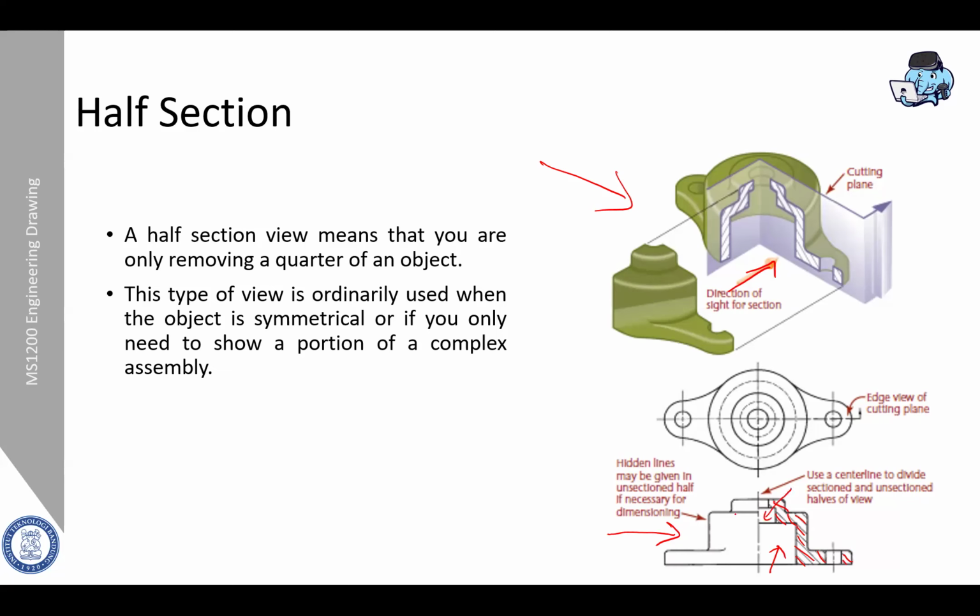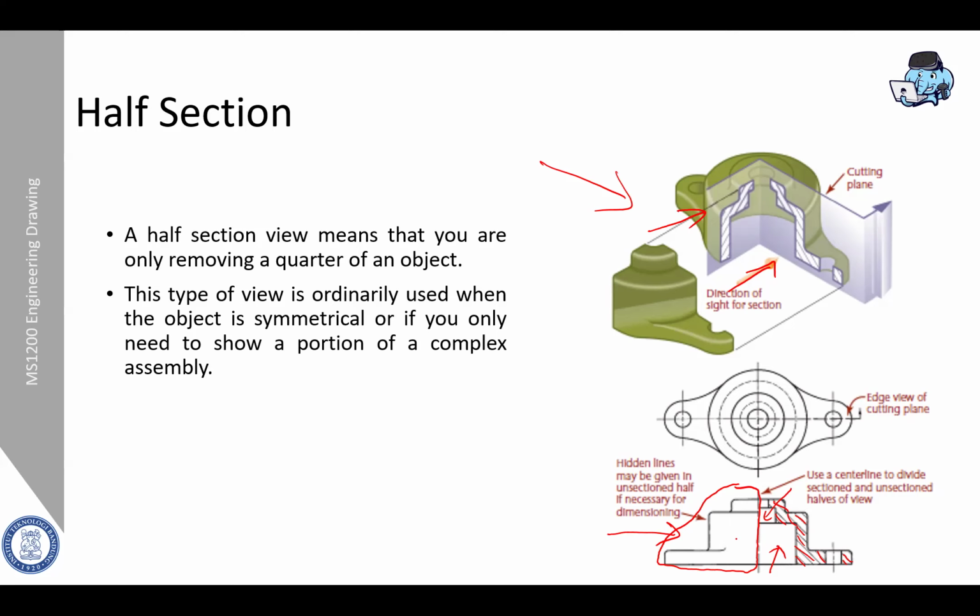Okay, and then on the left, on the other half, it is actually the remaining part there, like this one. So you don't need to draw the hidden lines here.